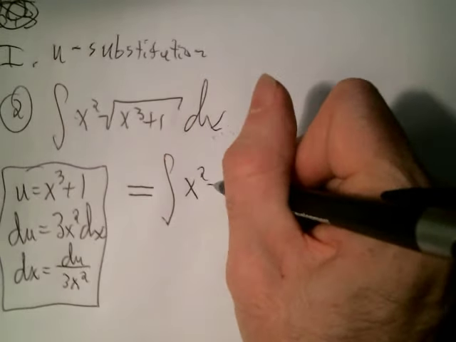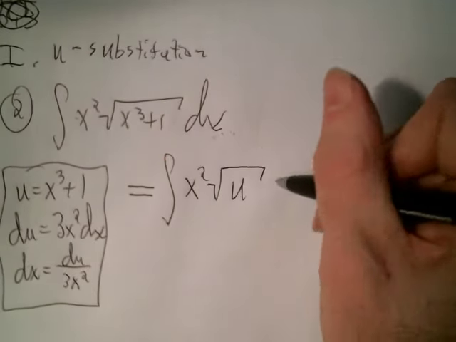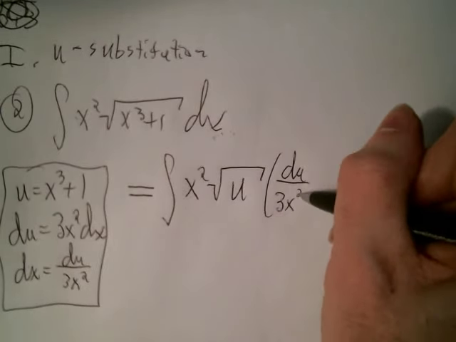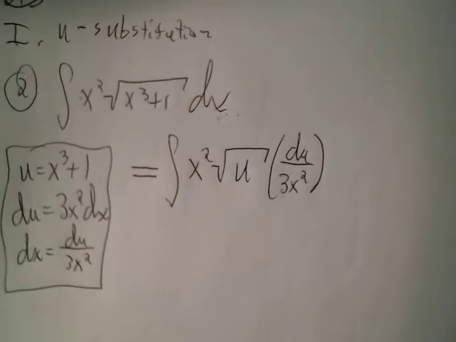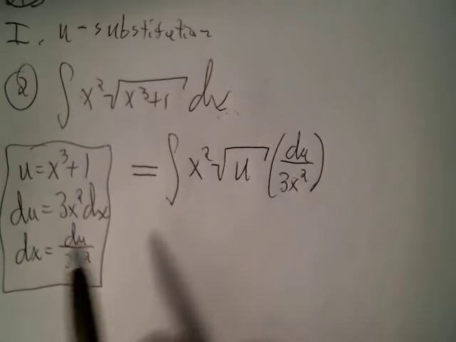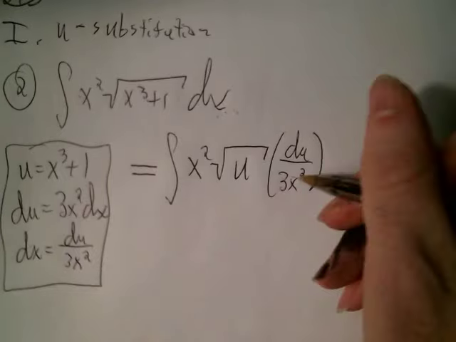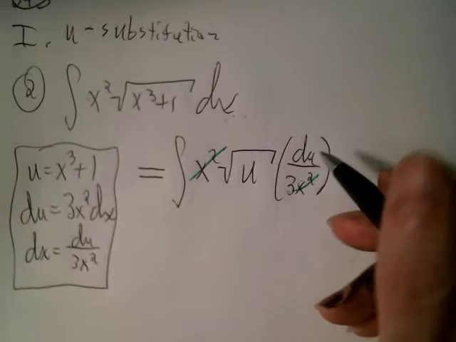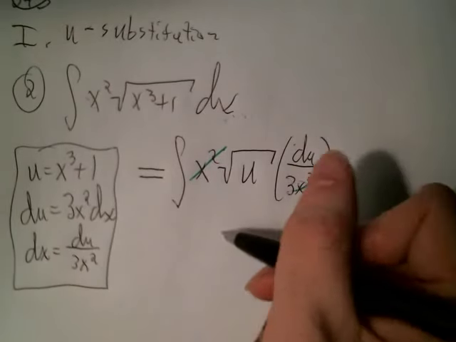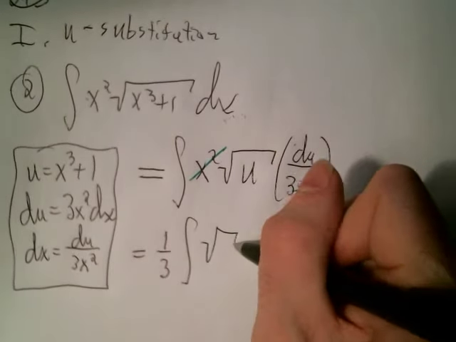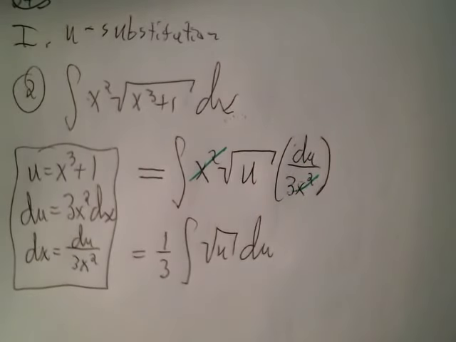So x cubed plus 1 is u, and dx is du all over 3x squared. If I consider this as a bunch of factors, I note that this x squared here and this x squared here will divide out. On top of that, I have a fraction of 1/3 that I can factor out the front. So it'll be 1/3 integral of the square root of u du at the end of the day.